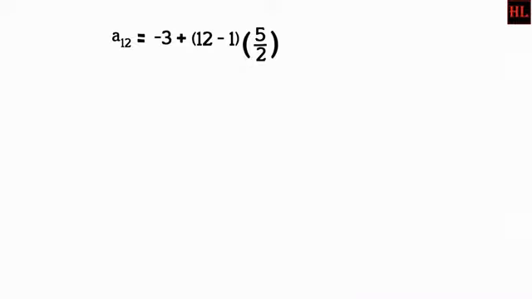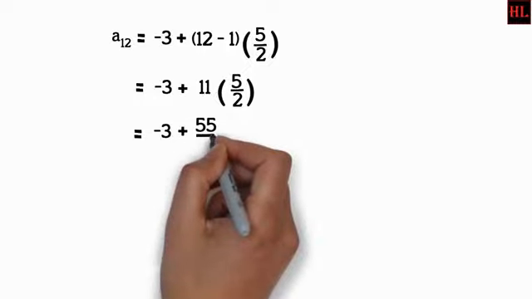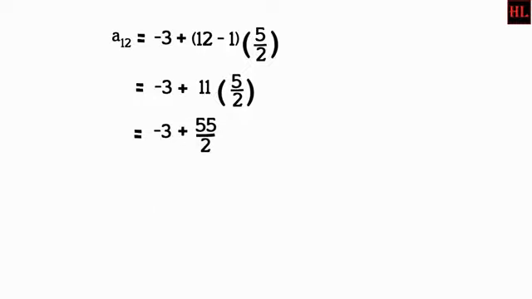Now we'll subtract 1 from 12, so we'll have -3 plus 11 multiplied by 5/2. On multiplying 11 with 5/2, we'll get -3 plus 55/2. Now we'll take 2 as LCM and as a result we'll have (-6 plus 55) whole divided by 2.